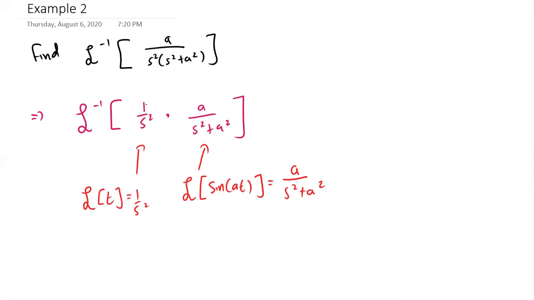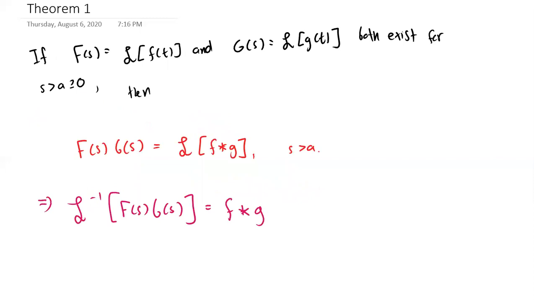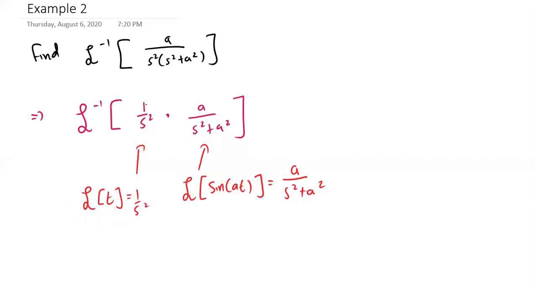So this satisfies what we needed. We're trying to take the Laplace inverse of a product of functions of s, and we know what functions of t are mapped to these functions of s by the Laplace transform. So we can just use theorem 1. By definition, the Laplace inverse of this product is just going to be the convolution of t and sine of at.